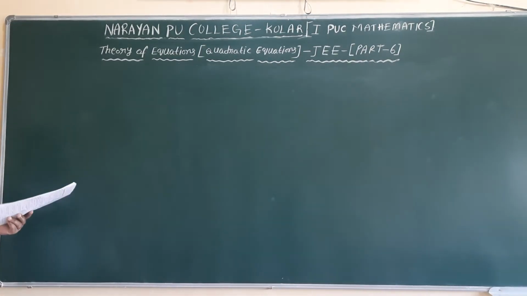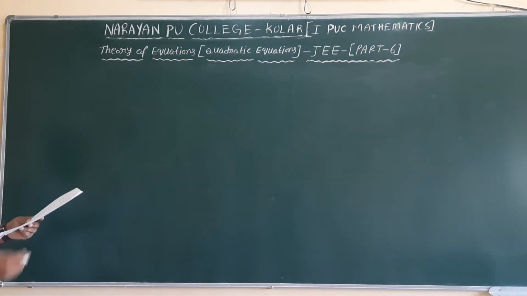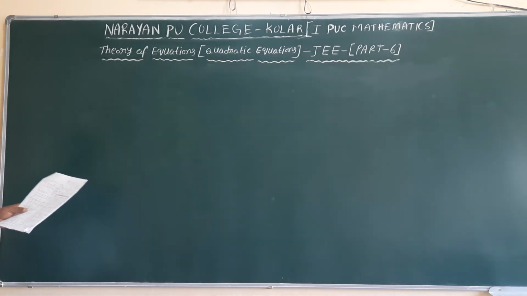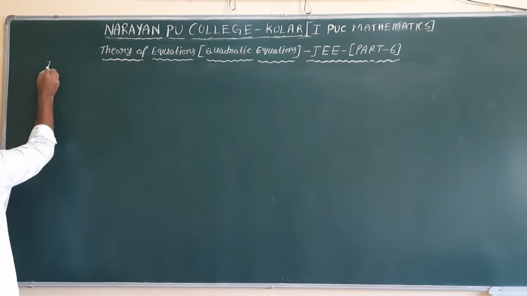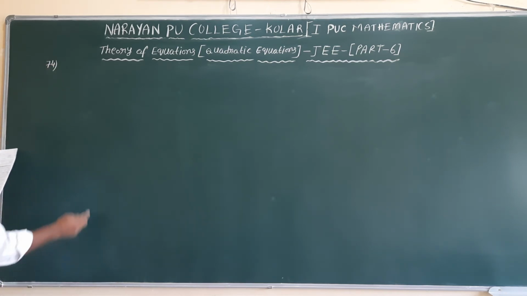Next, 71, 72, 73 are direct questions based only on the concept. You can verify that directly and get the answer, so no need to substitute any formula. Next, 74th question.